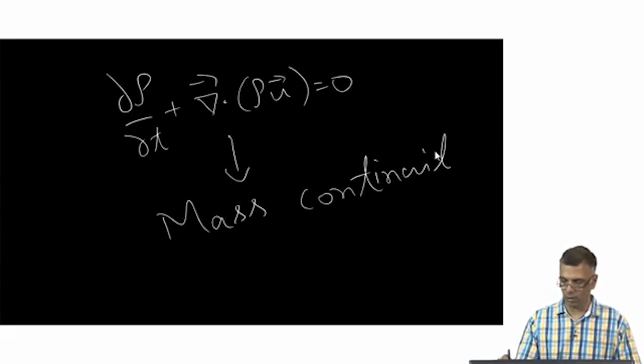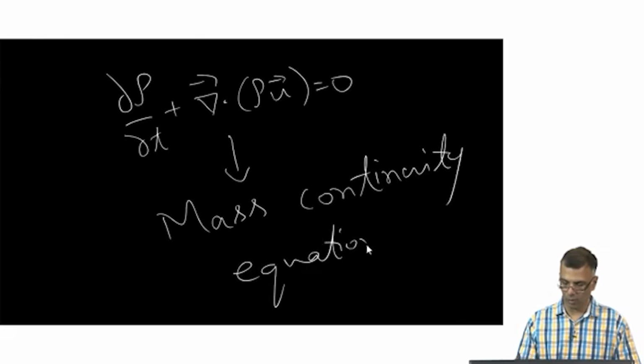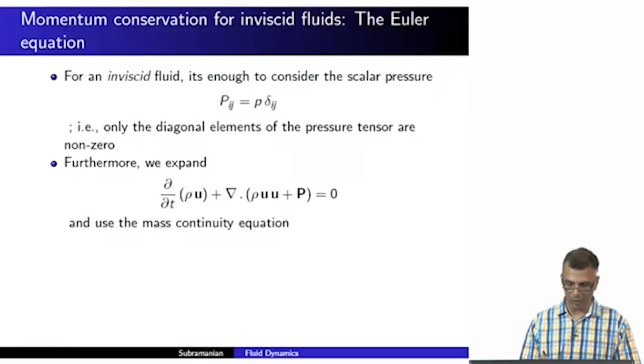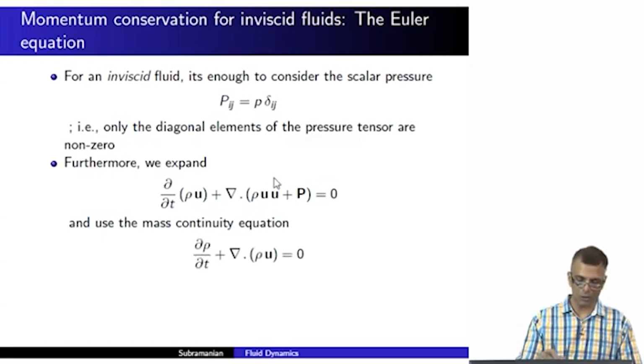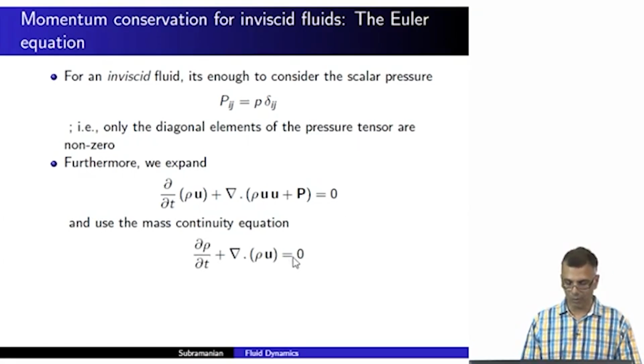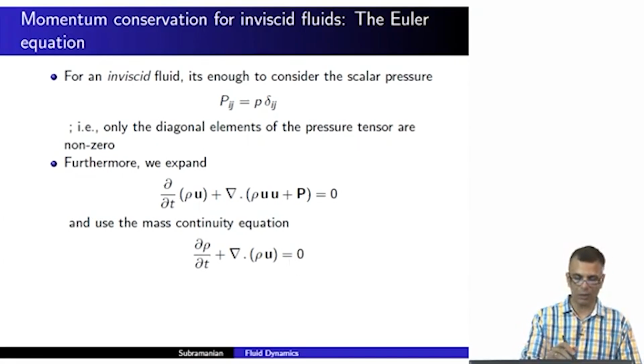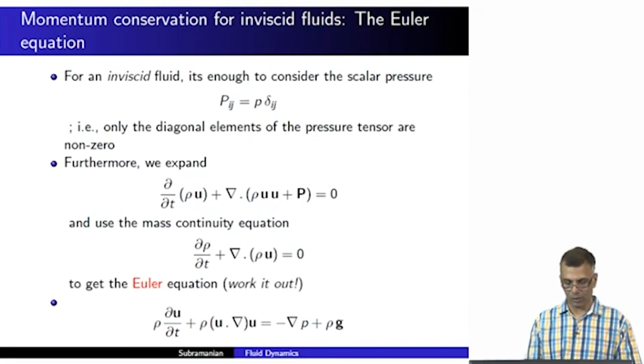This is the mass continuity equation, right? You use this in here, you expand this out and you use this in here to get what is called the Euler equation.